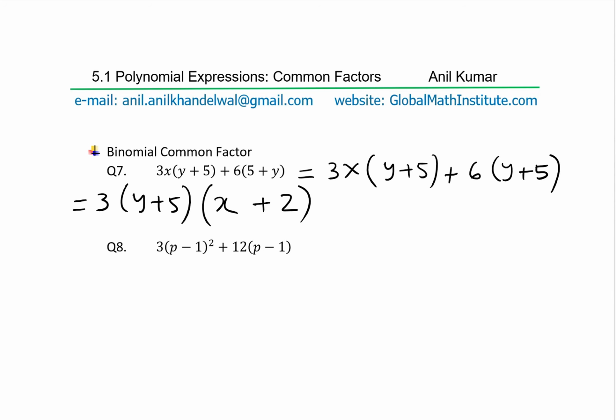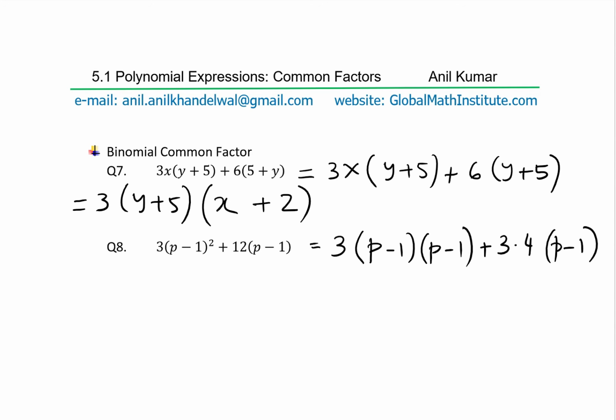Now the next example here is 3 times p minus 1 whole square plus 12 times p minus 1. Let me rewrite this in a different way. So we can say it is 3 times p minus 1 times p minus 1, right? So that is the meaning of the square term. As far as 12 is concerned, we could write this as the product of 3 and 4, and we have p minus 1.